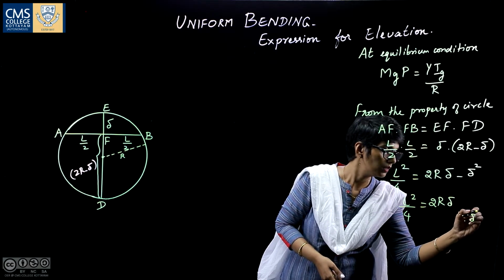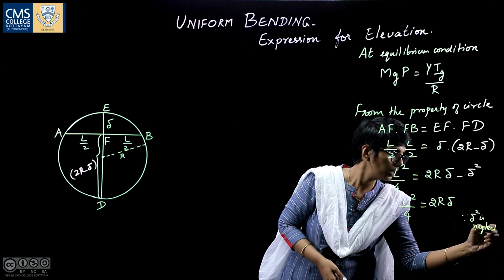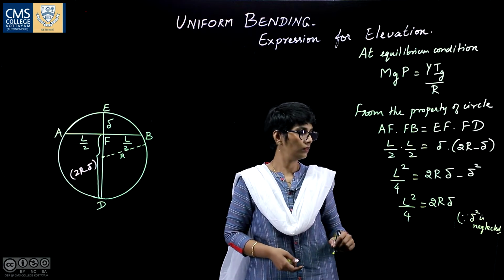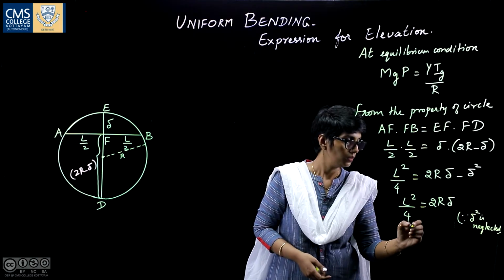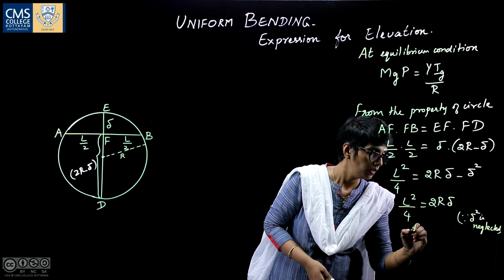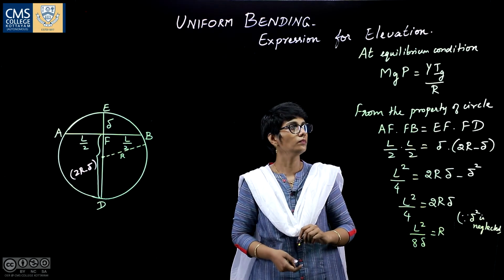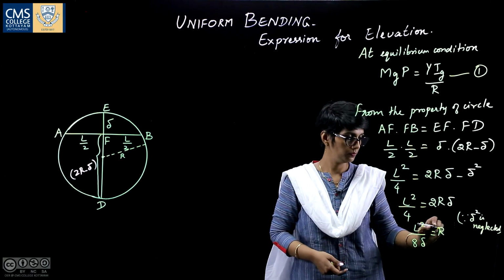Since delta square is neglected, from this we can get R, that is, L square by 8 delta is equal to R. So this is equation number 1.